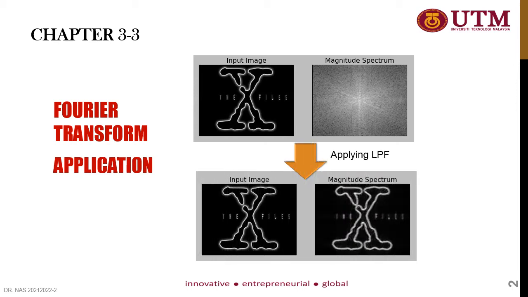So therefore, by using a filter, you can get the output spectrum as similar as the input signal. So this is where the Fourier transform takes place.